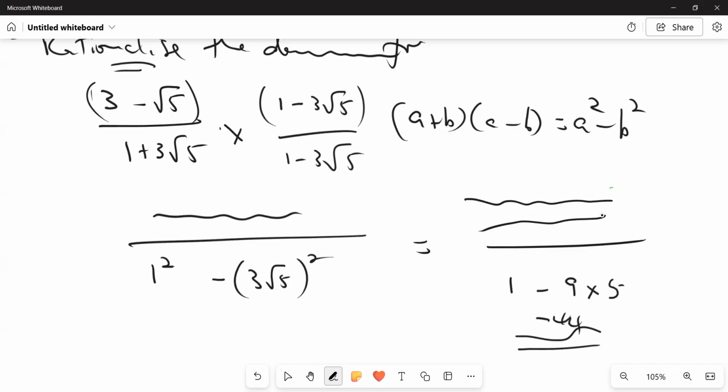Anybody worked out what the numerator will be? Anybody worked out the numerator? Take a second and do it. Tell me what you do.